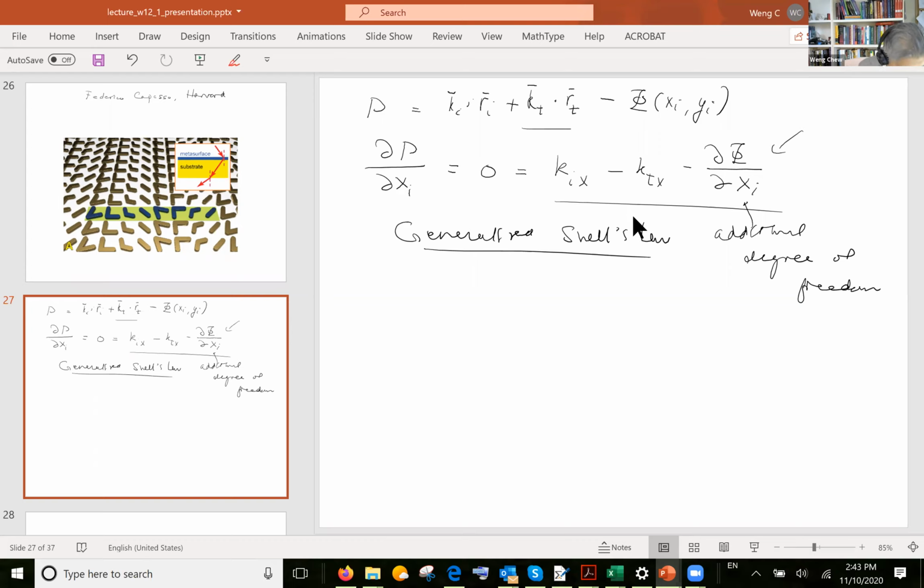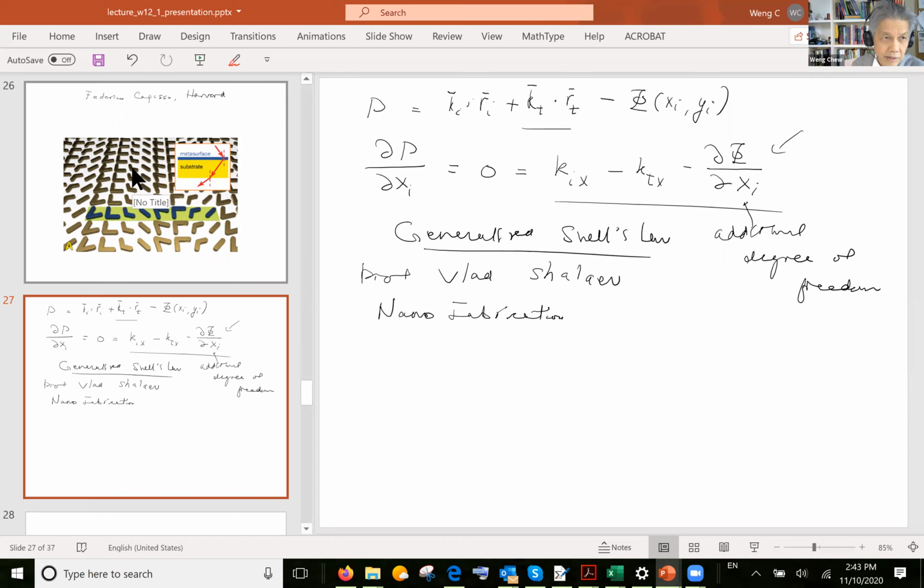At Purdue, if you want to talk about this kind of structure, you can talk to Professor Vladimir Shalaev. His lab makes this kind of structures. Nanofabrication has become so advanced that these structures can be made much smaller than the wavelengths.